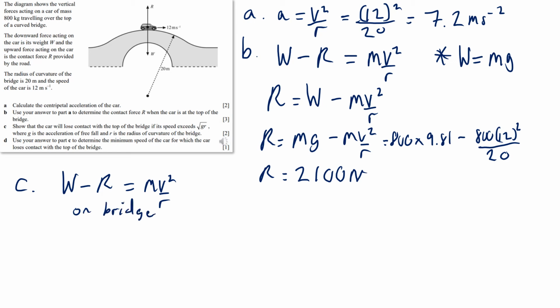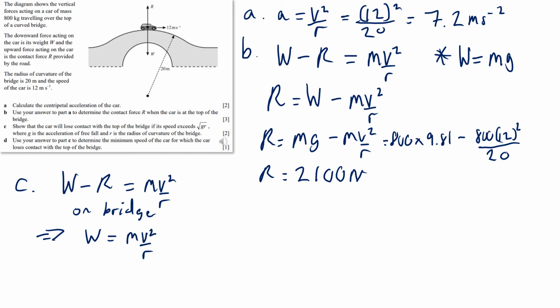When it loses contact with the bridge, the contact force goes to 0, so you're left with W equal to mv squared over r, because it's not in contact with the bridge.